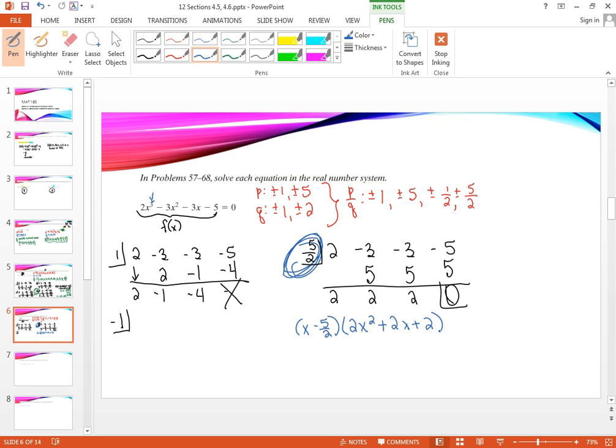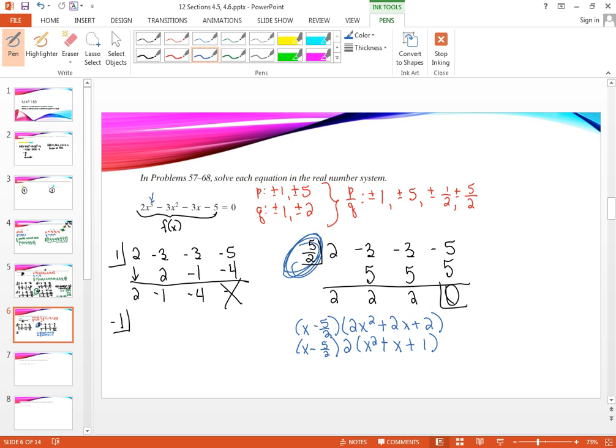Okay. See the 2 common in the trinomial? I'd pull that 2 out. Now our question is to find the zeros, but just to show you a couple of things together. When you do synthetic division, you've got the 5 halves.